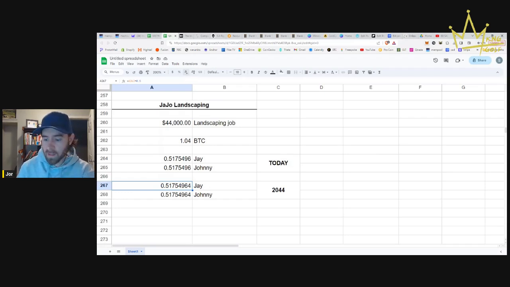The second one is: is that going to increase, or is that going to have excess inflation? And the answer, after looking at that, is no, it doesn't change anything. The 21 million Bitcoin will never change. It's fixed, it's scarce, and it's set based on the Bitcoin code. So that won't increase inflation.